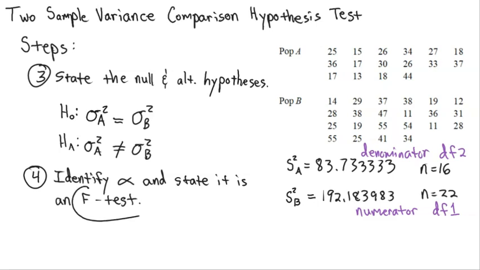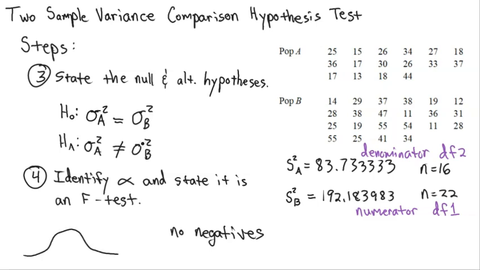Okay, well, an F test is just another distribution. One of the biggest differences with the F distribution is that it has no negatives. The F distribution is all positives, okay? And it has sort of a weird shape.